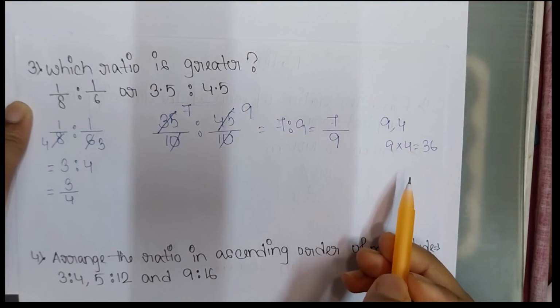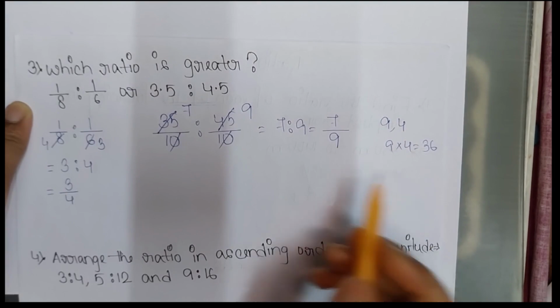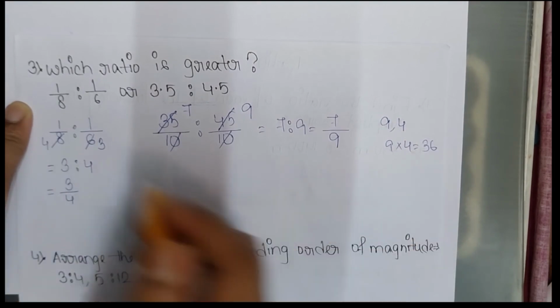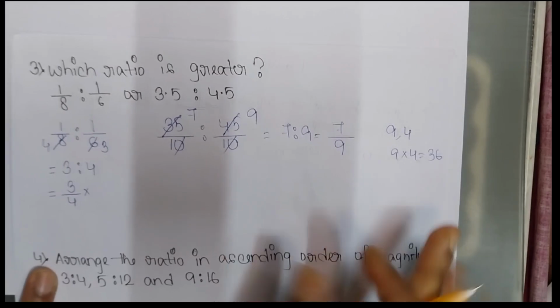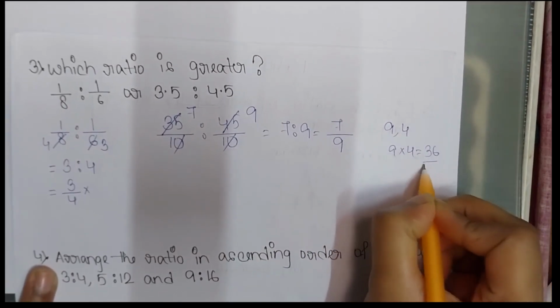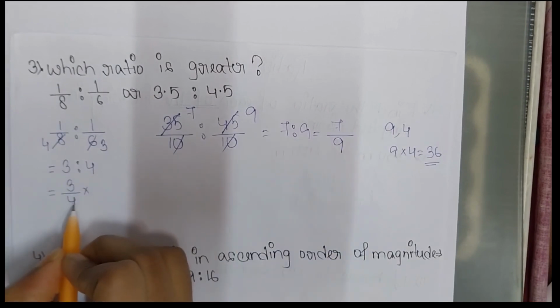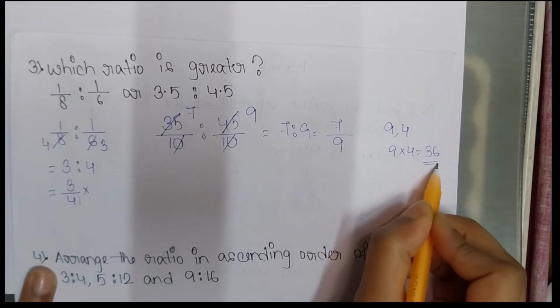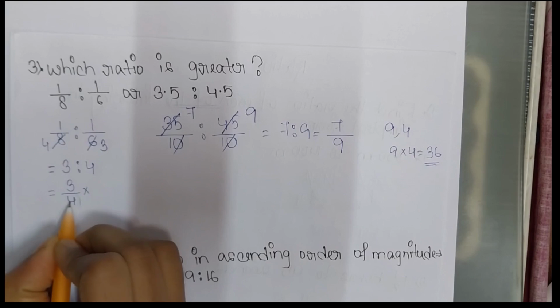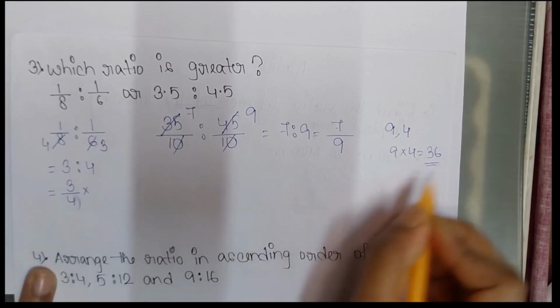So the LCM becomes 36. So for both fractions we have to multiply the denominator by some number so that it becomes 36, the LCM. So by multiplying 9 with 4 we get 36.